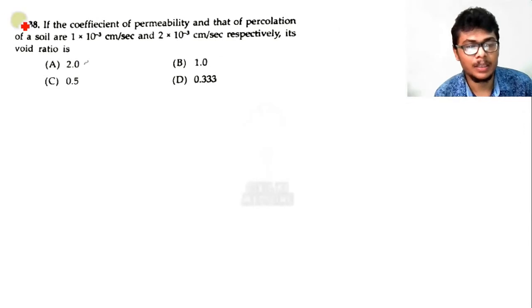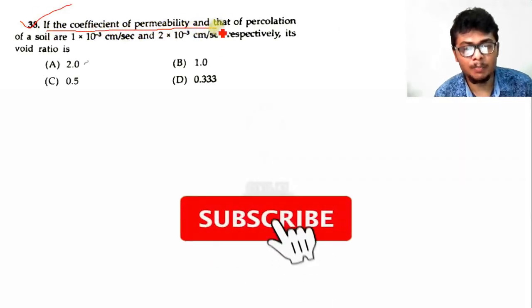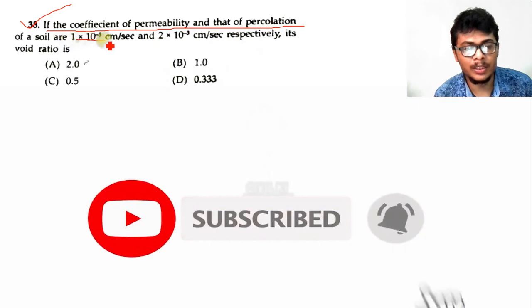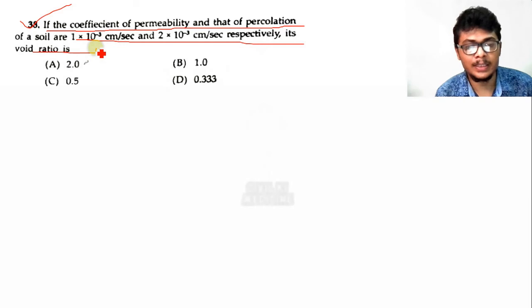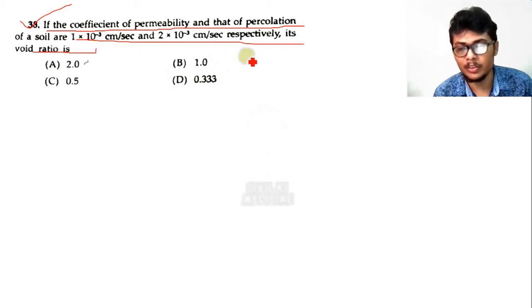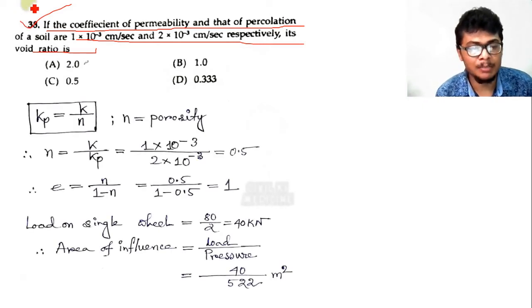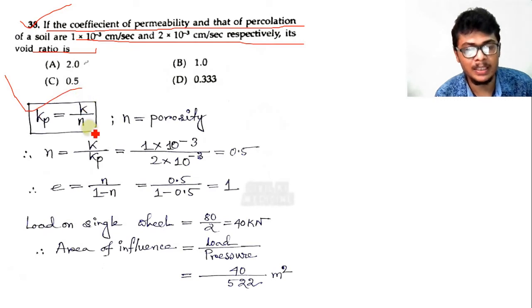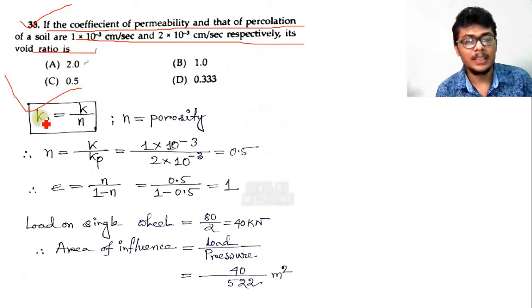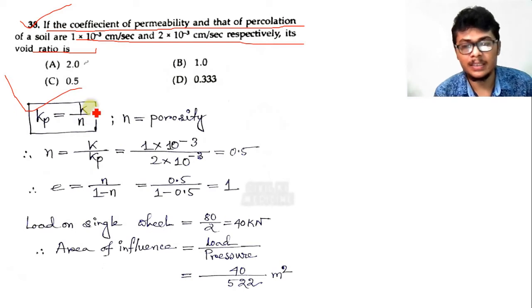Next question, question number 38. If the coefficient of permeability and that of percolation of soil are given respectively, find its void ratio. This question is from soil mechanics, the chapter is permeability of soil. Let's see the solution. We know that the coefficient of percolation Kp equals K by n, where Kp is the coefficient of percolation, K is the coefficient of permeability, and n is porosity.